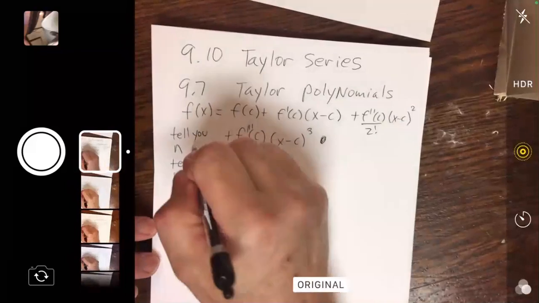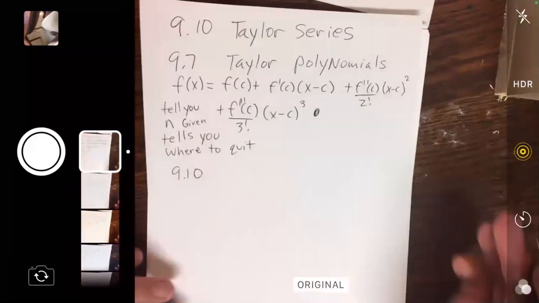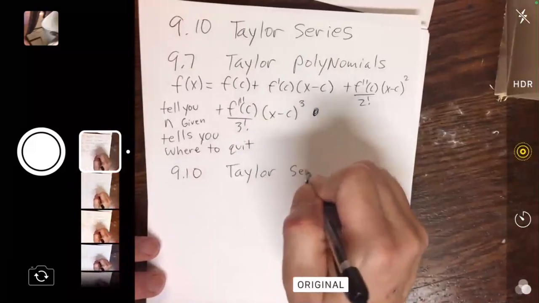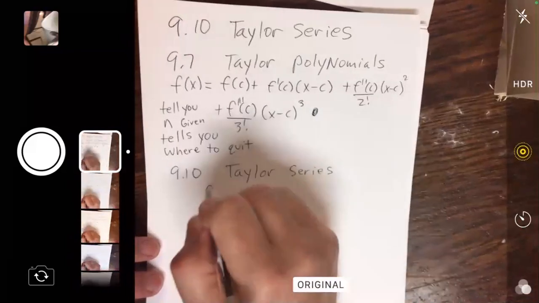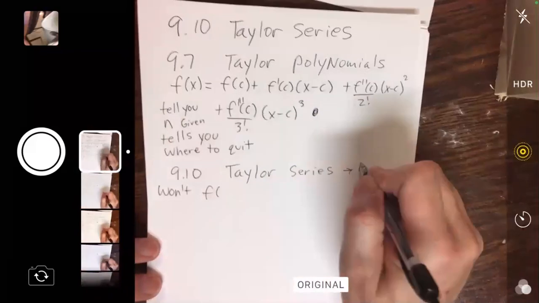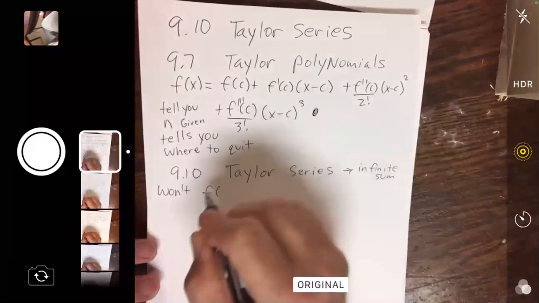This was given. But in 9.10, guess what the only difference is? For a Taylor series, they won't give you the n because series implies infinite sum. So it's absolutely identical.